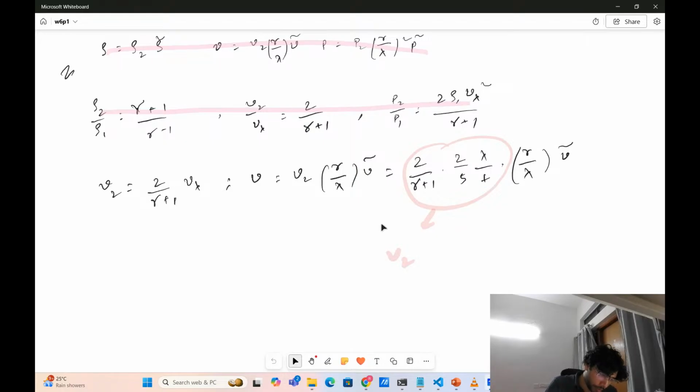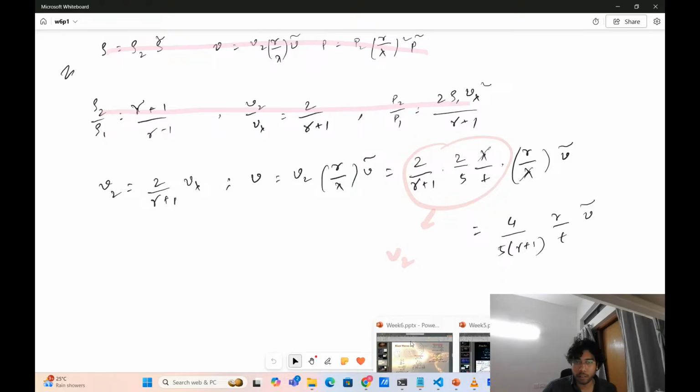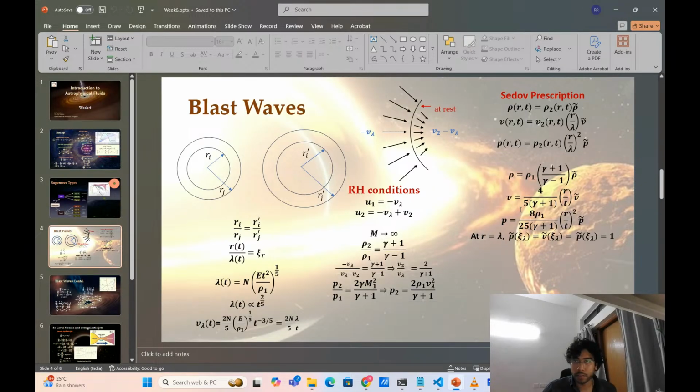So this lambda cancels, and we are left with 4 by 5 (gamma plus 1) R by T V tilde. I hope that's right. Yes. So I guess this expression is pretty trivial. You can just see it from here.